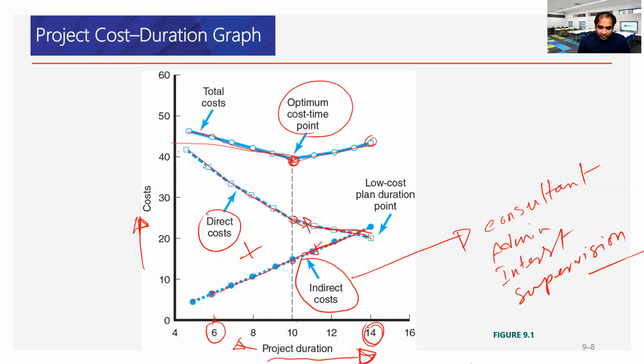But at some point we'll reach the minimum, and then if we go further from here, we can see that again the total cost is increasing with every unit of reduction in the total project duration. So we need to find this optimum point. This is the best point at which we can operate a project. This is the lowest minimum duration that we can get to by trading off with the overall expenditure or money.